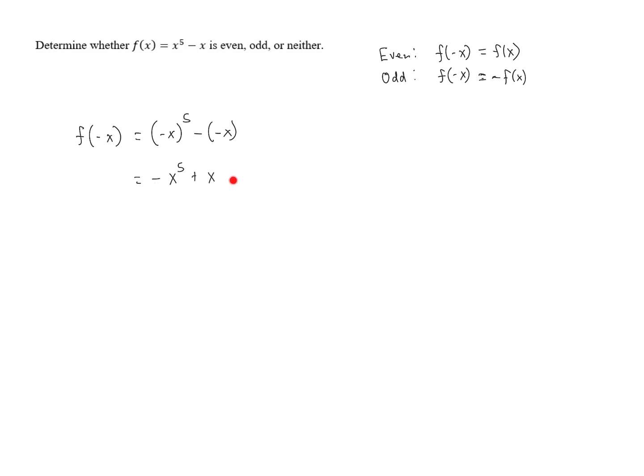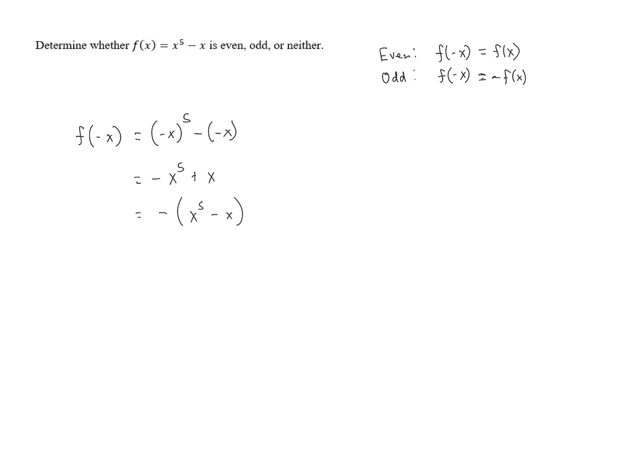Now, this is not equal to f of x, so we know that it's not even, but it might be equal to the opposite of f of x, in which case it would be odd. So what I'm going to do is factor out a negative 1. I'm going to pull out a negative. And when I do that, I'm left with positive x to the fifth and then negative x.